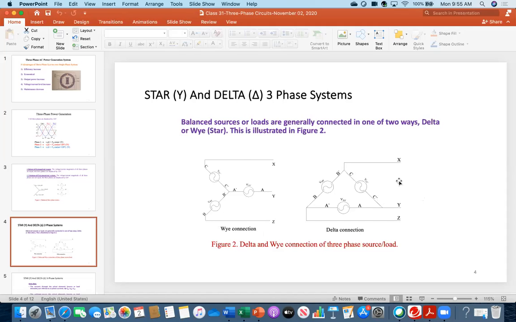As I said, when you are measuring voltage between X and Y, that is called line to line voltage. But when you are measuring the voltage between C and C prime, it is called the phase voltage. Because the voltmeter reading will be the same, you can say the phase voltage equals the line to line voltage in case of delta connection.